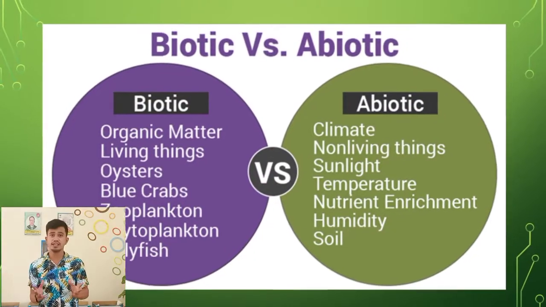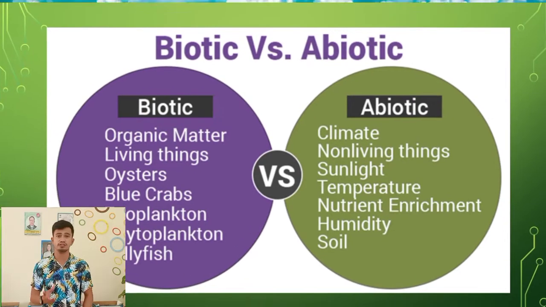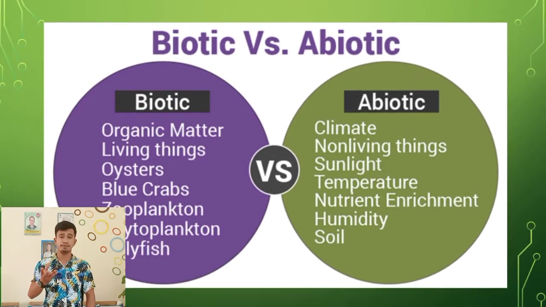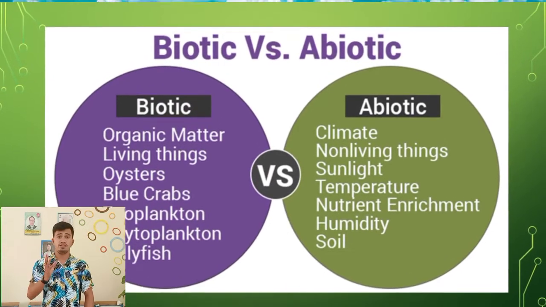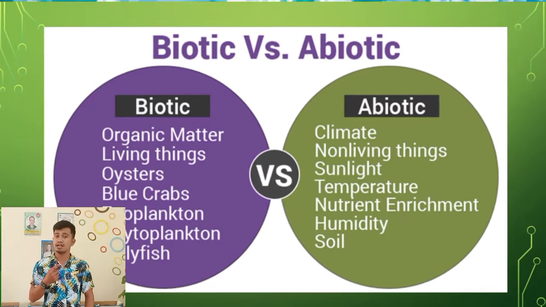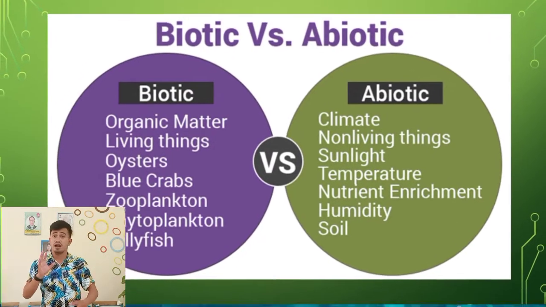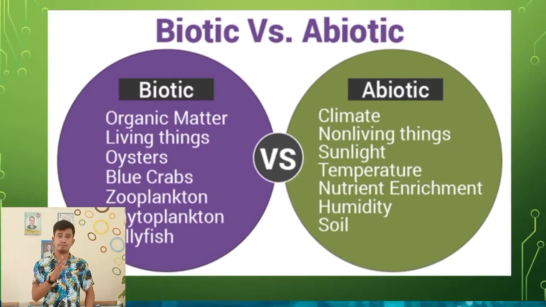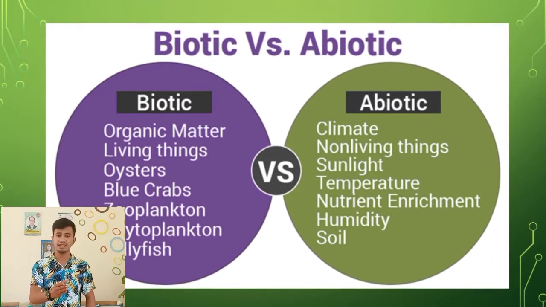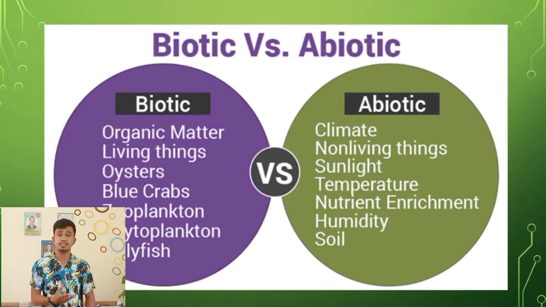I have here some examples of the difference between biotic and abiotic. For biotic, I have here organic matter, living things, oyster, blue crabs, zooplankton, phytoplankton, and jellyfish. They are all living things. While for abiotic factors, climate, non-living things, sunlight, temperature, nutrient enrichment, humidity, and soil.